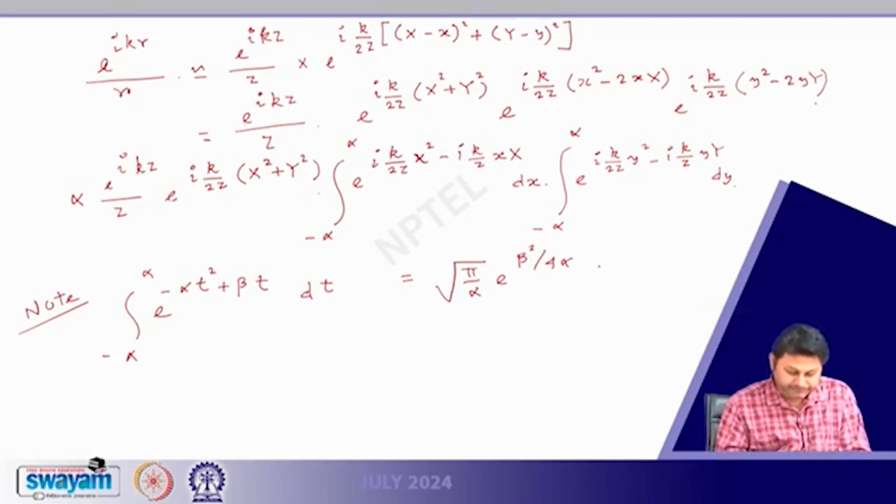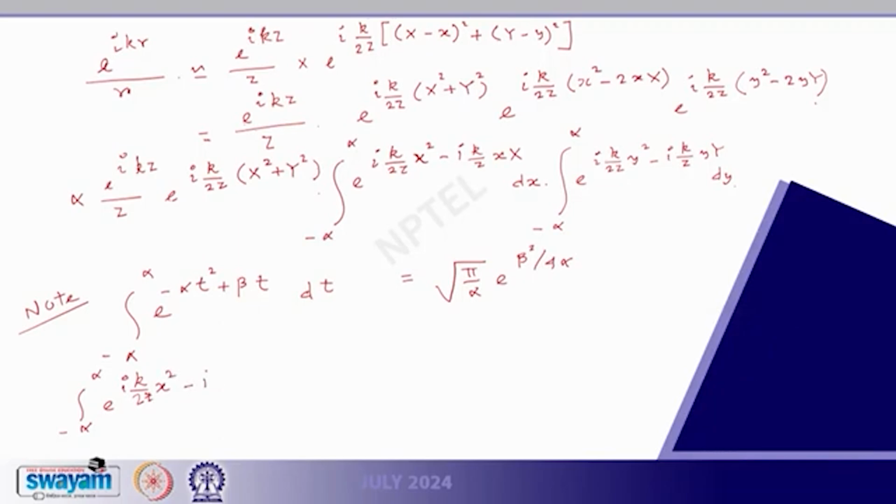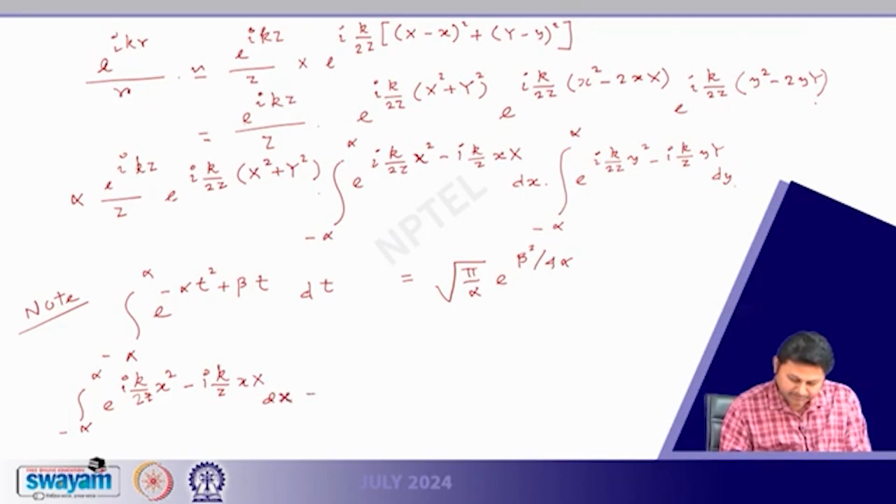So if I exploit this integral here, then this integral, e to the power of i k by 2z small x square minus i k by z small x big X, d small x, if I put alpha and beta in that particular form, it should be simply root over pi by alpha.